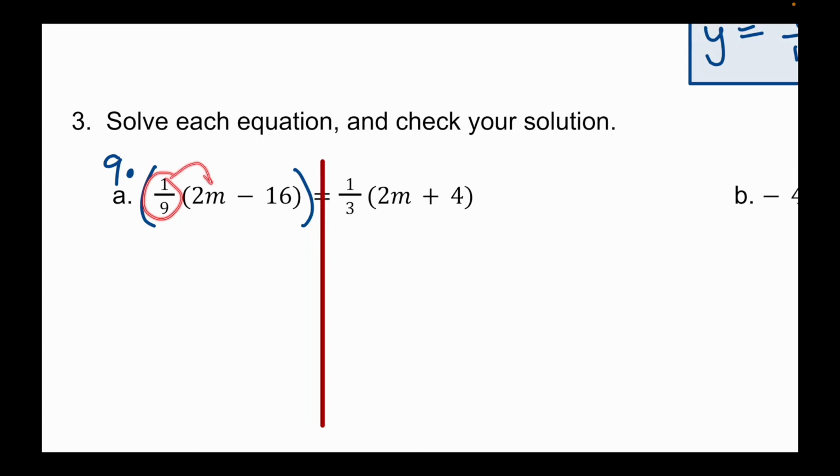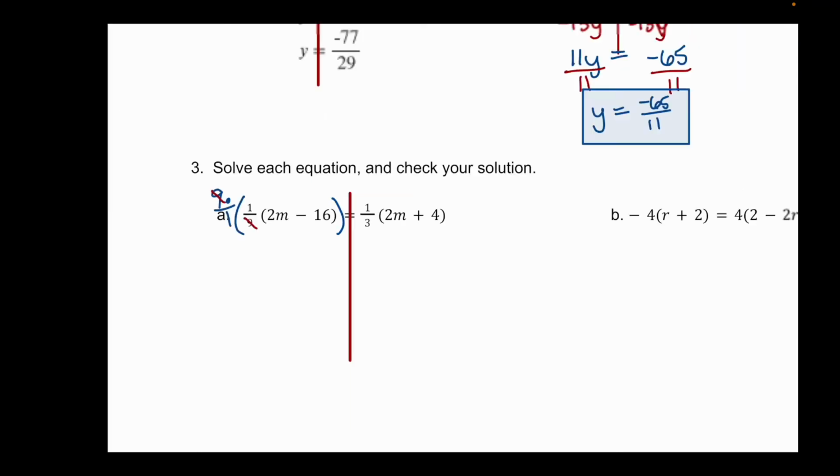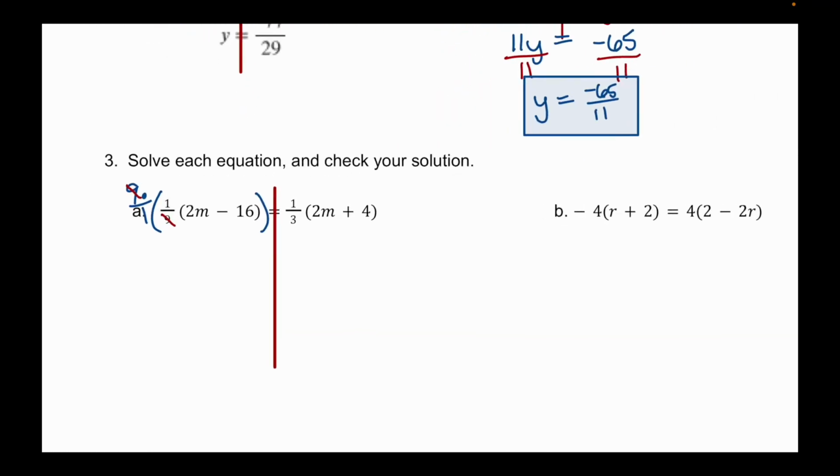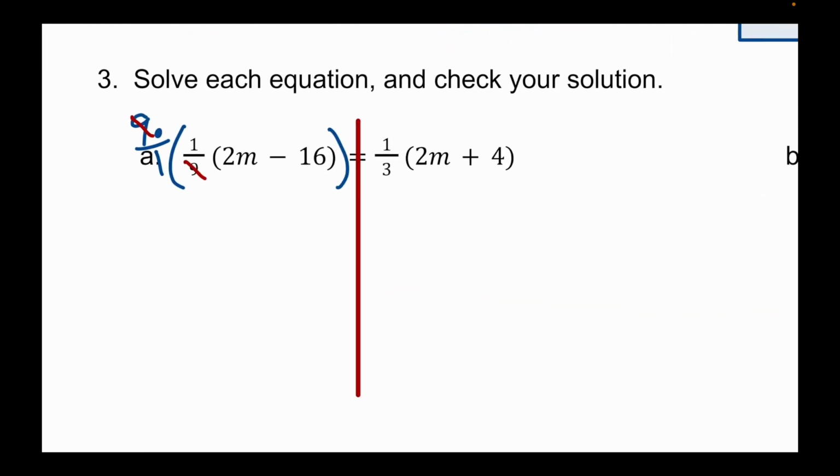This 1/9 is going to take it all the way through when it multiplies. So this is just going to be considered one term. But multiplying by 9 is actually like multiplying by 9 over 1. And you'll notice, oh, look at that. My 9 and my 9 can cancel each other out. So all we would have left on the left side here is just 2m minus 16.